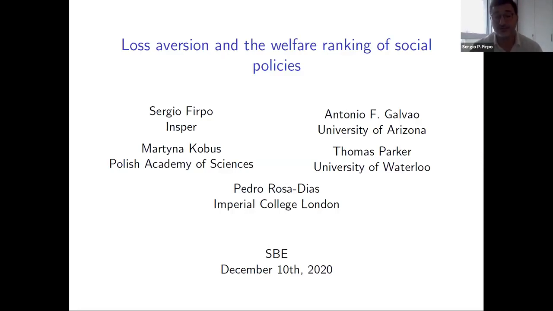People may lose from the interventions. Not everyone will gain. So should losses be treated differently from gains? Yes, there is a huge literature: prospect theory, Kahneman and Tversky, brought us this idea that people value losses asymmetrically compared to gains. So we use that framework to come up with a relationship between the distribution of treatment effects, gains and losses.